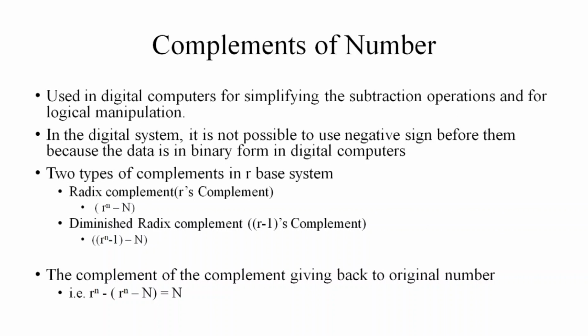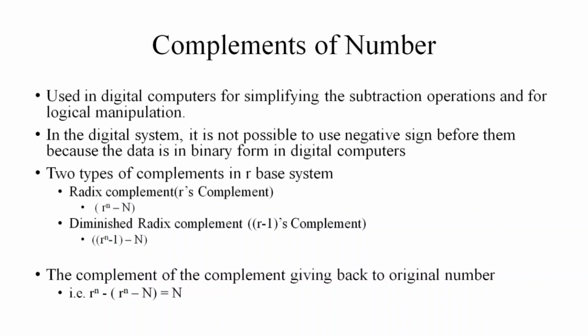R is the base of the number system. Small n is the number of digits in the integer portion of the number capital N. And capital N is the number for which we want to compute the complement.